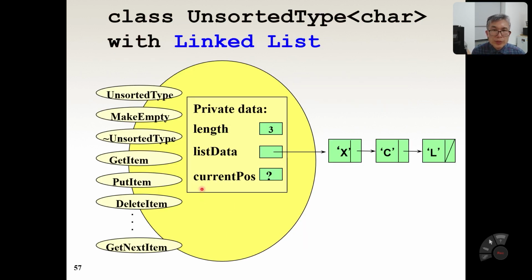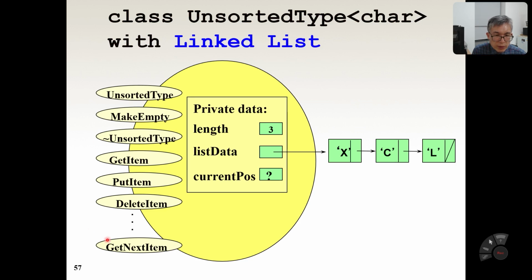So this figure shows an unsorted type of characters with a linked list. The unsorted type's data type is character. The private member variables include length. List data is a pointer to the first list item. Each item's next points to the next one, the successor. The last one's pointer value is set to null, indicating the end of the list.